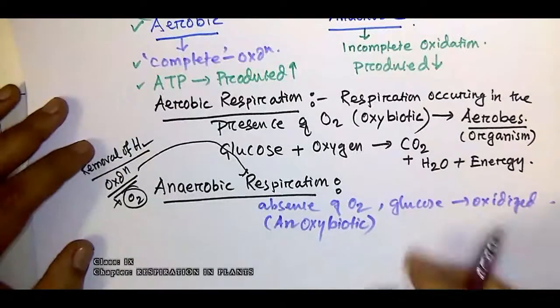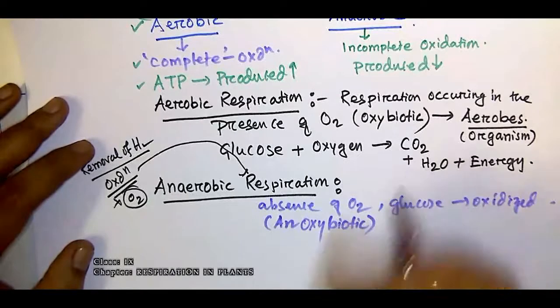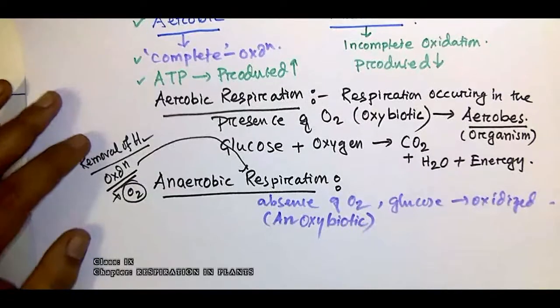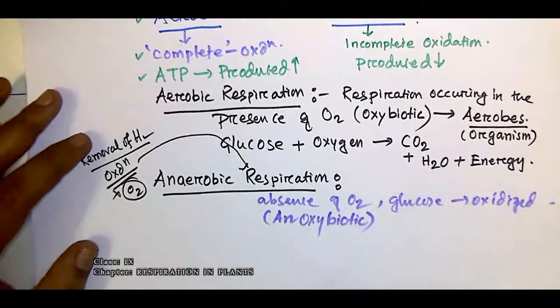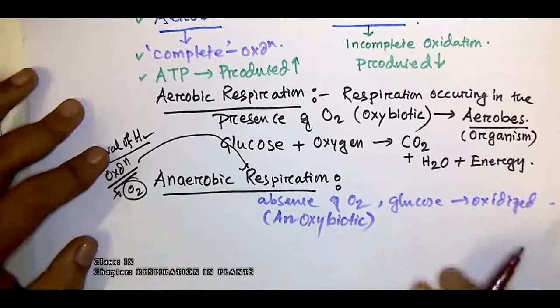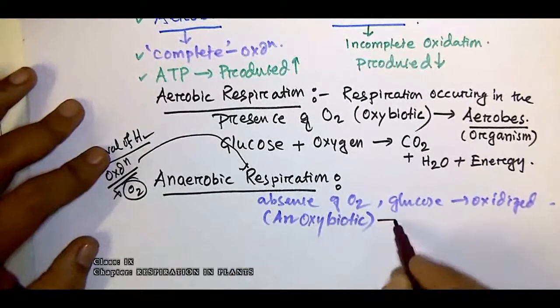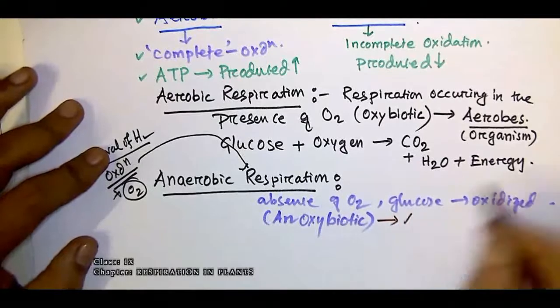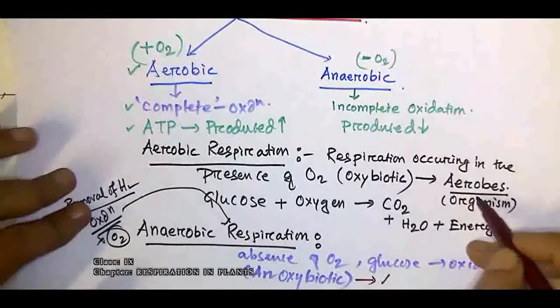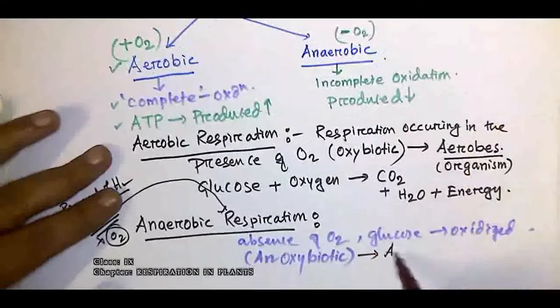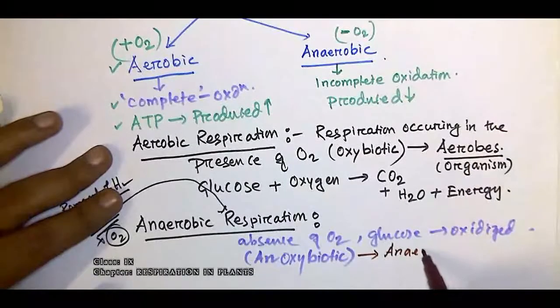Secondly, let us understand which type of organism prefers this, or has this as the main process of respiration. The organisms who perform this process, what should we call them? Not aerobes, but anaerobes, right?